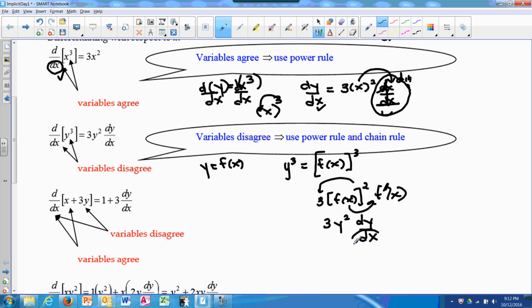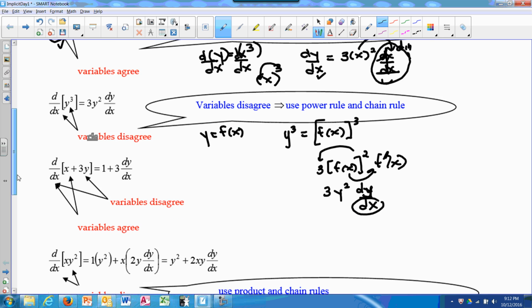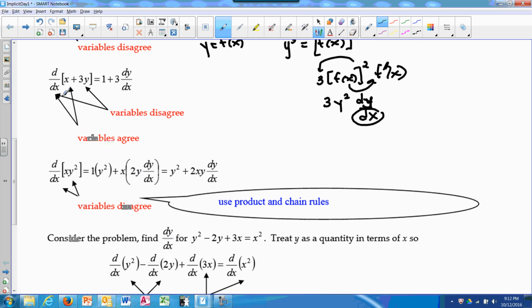So it's when they don't match that you need to keep that derivative notation at the end. So if the variables agree, the derivative of x would come out as dx over dx is just 1. When the variables don't agree, we take the derivative, but it's 3 y squared dy dx.